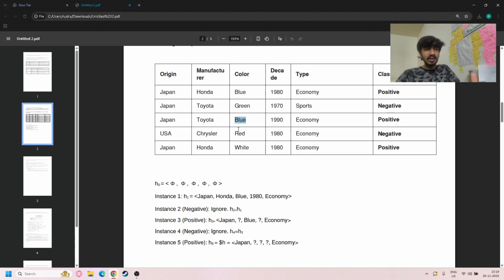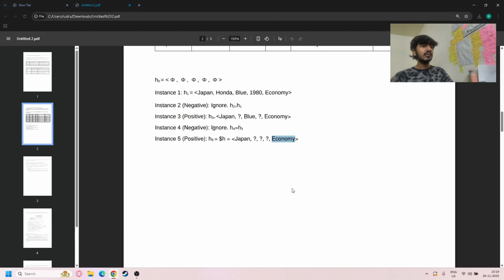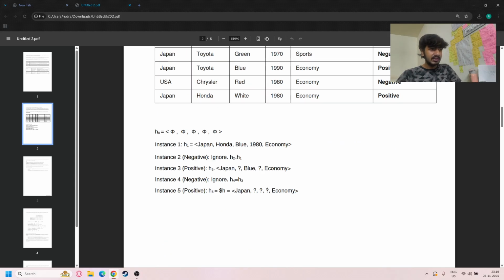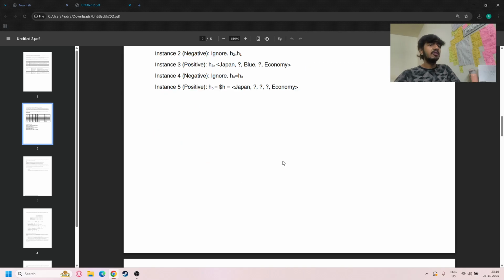And white is not equal to blue, so we're going to put another question mark here. And decade was a question mark anyway. The type was economy, economy, economy, which remains the same in all the positive classes, so we'll write economy. So this is our final instance which we are drawing through our S hypothesis, and which is Japan, question mark, question mark, question mark, and economy.